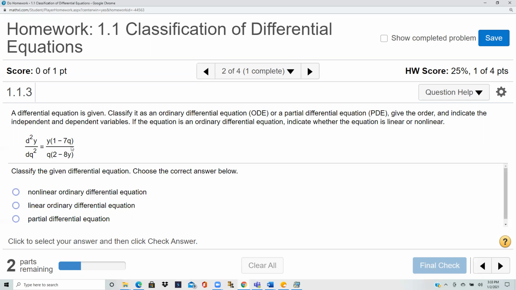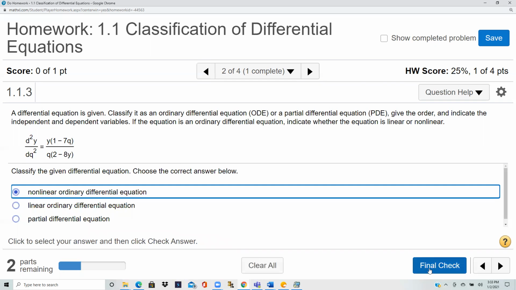So in that definition where we said that the power is 0 or 1, it's understood that we're talking about the power when the term appears in the numerator. So this one is nonlinear because of this denominator y. Then the denominator q is fine because the q is the independent variable. So we don't worry about that. But the y in the denominator makes it nonlinear. And it's still an ODE.